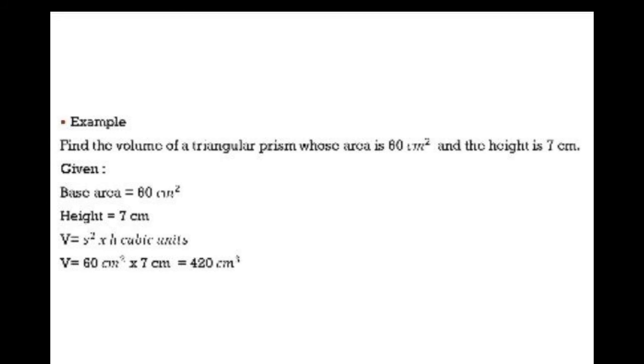We know that the volume of a prism is base area times height in cubic units. Therefore, volume of a prism equals 60, which is the base area, times the height, which is 7 cm. Hence, the volume of the triangular prism is equal to 420 cm cube.